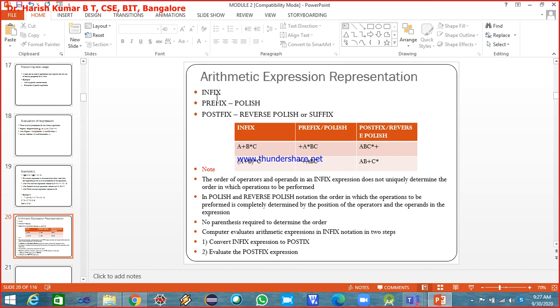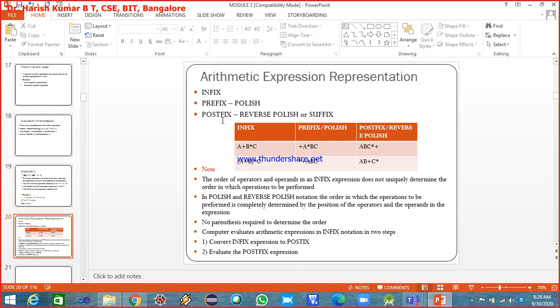Now you understood what an infix expression is. If the operator comes in between the operands, then we say it is infix. Now what is prefix? If the operator comes before the operands, then we say it is prefix. And what is postfix?